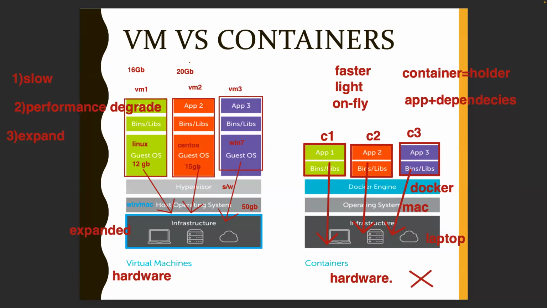Let me ask you a question. Let's say my operating system is Windows. Can I run another Windows 7 or Windows 2002, whatever, and some CentOS and some Ubuntu? What are all the containers I can run here?